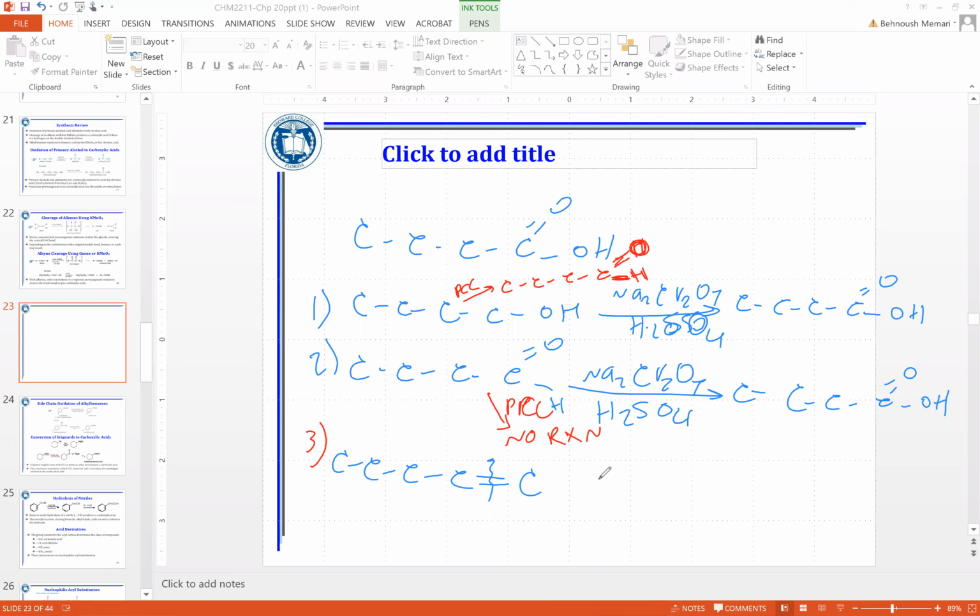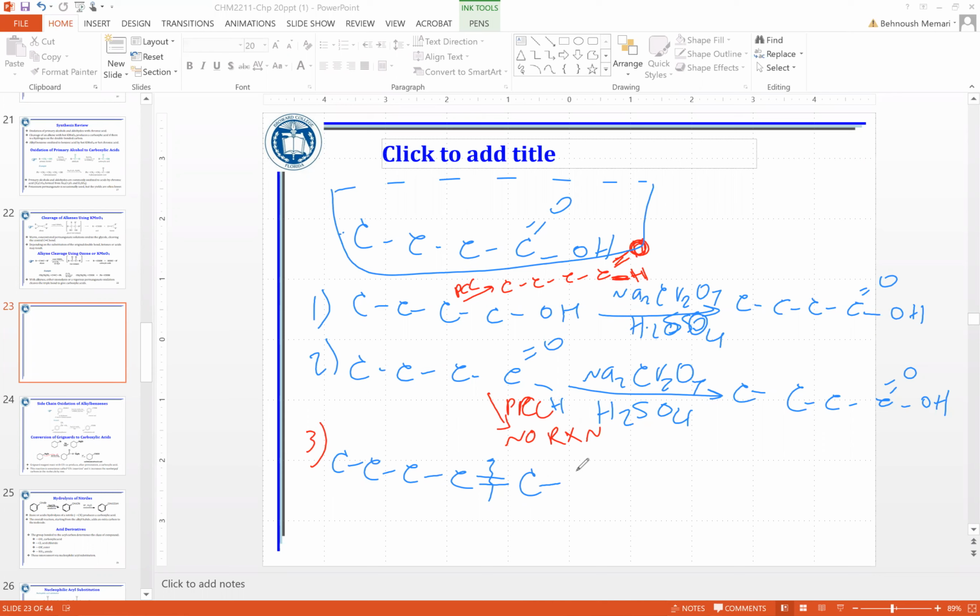The other side of the carbon chain is going to give me a 1-carbon product, like an aldehyde or formic acid. It doesn't give me what I need. This is the wanted product that we want to make.